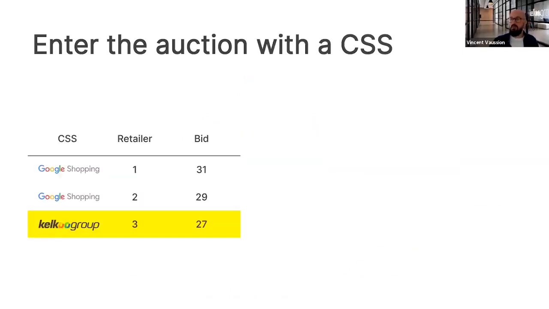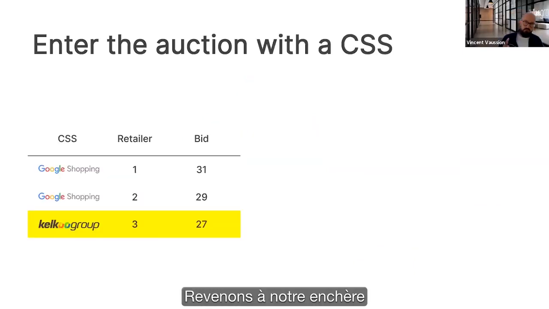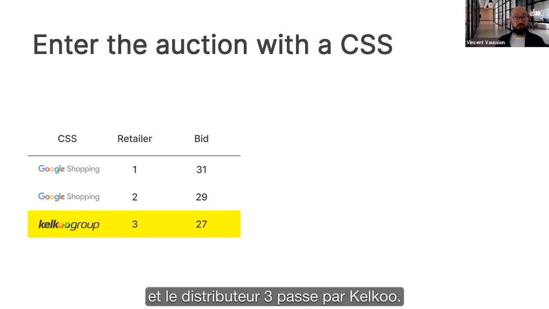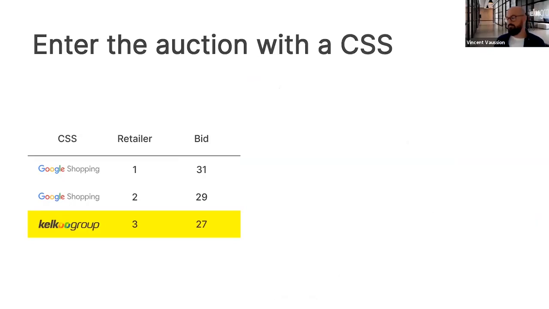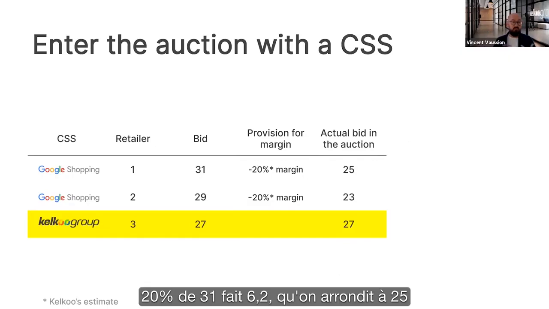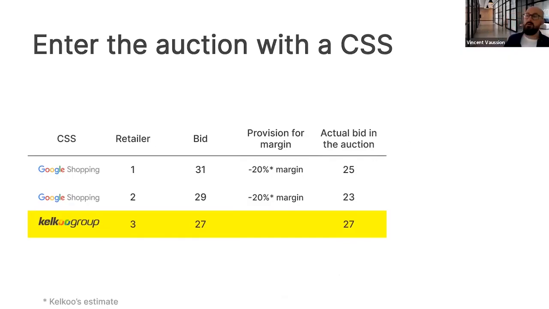So let's go back to the auction and introduce this little change: retailers 1 and 2 are working with Google Shopping. Retailer 3 is working with Kelkoo. What is happening then is that the 31 bid with Google Shopping becomes 25, because 20% of 31 is 6.2, so let's round it to 25.